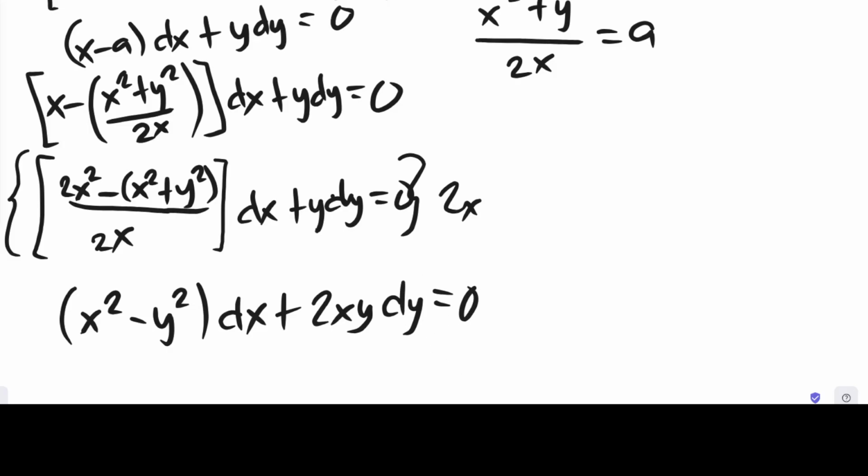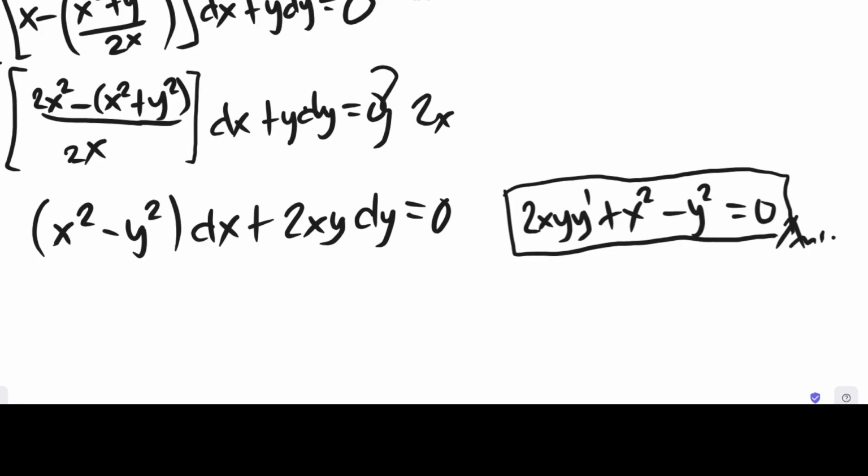Now, looking back at the answer from the isolation method, which is 2xy prime plus x squared minus y squared is equal to 0, this looks quite different, right?